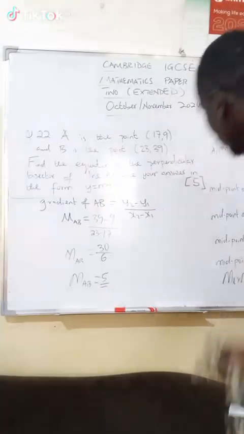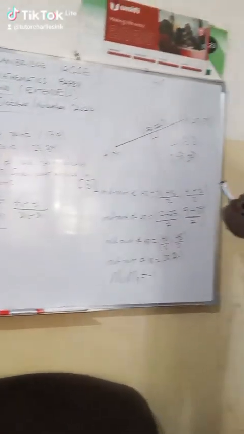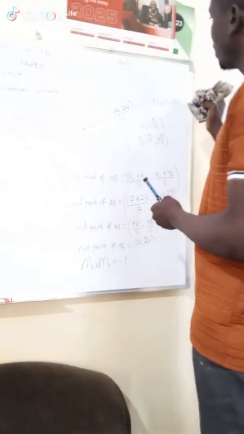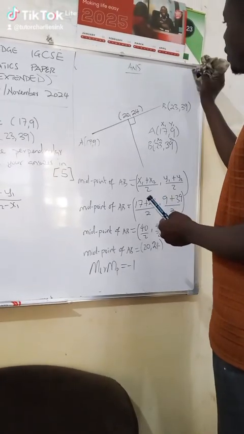So now I want to get the equation of the perpendicular bisector.